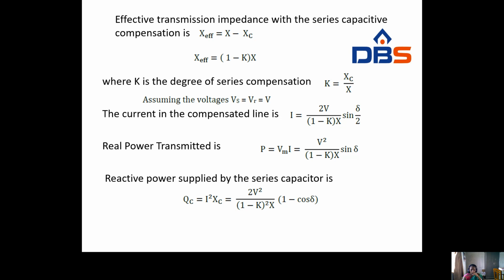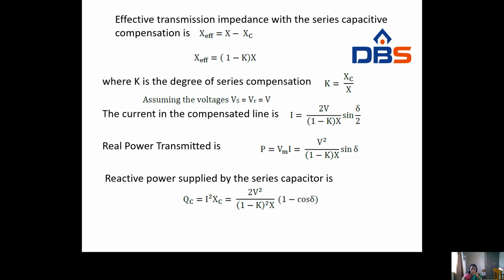Next, the reactive power supplied by the series capacitor is Qc equal to I squared Xc, which is 2V squared by 1 minus K whole squared into X, into 1 minus cos delta.